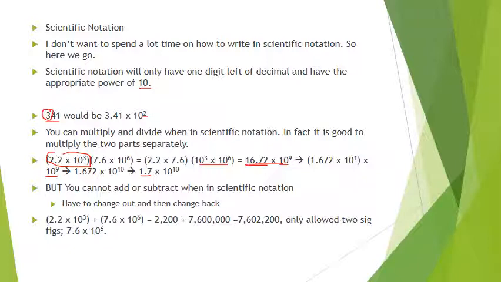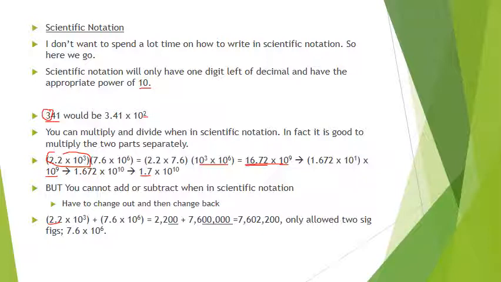What you have to do is change both of these to their number form. So I turn it into 2,200 and then 7,600,000. Add those two together, and then change it back into scientific notation.